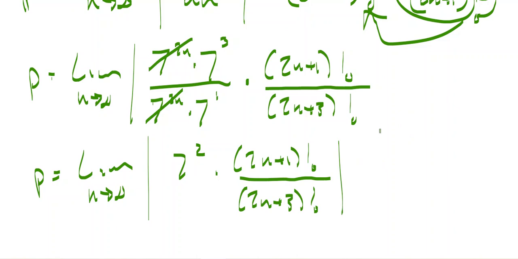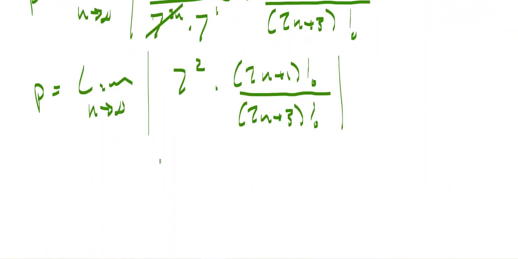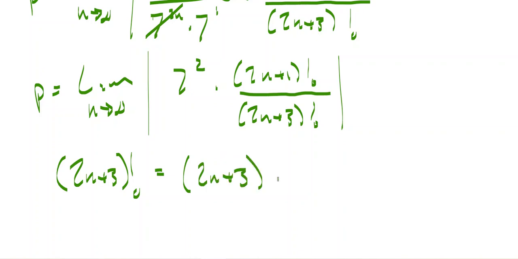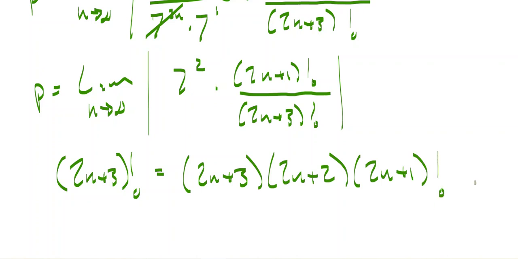Now let's see what we can do with that. Well, first of all, 2n plus 1 factorial and 2n plus 3 factorial. 2n plus 3 factorial can be thought of as being 2n plus 3 times 2n plus 2 times 2n plus 1 factorial.